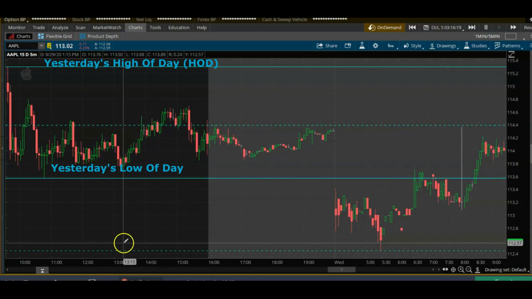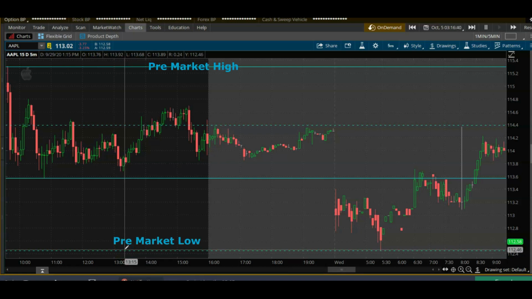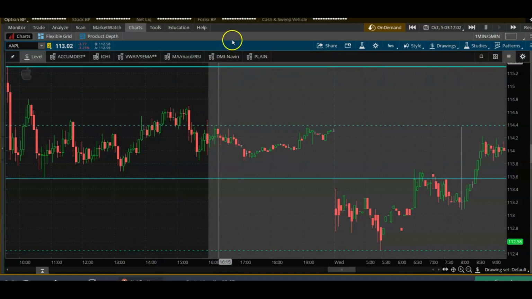And then we have the dotted lines indicating the high and low points of price action during the pre-market session. These lines will better inform me during my trading day as to where could be possible good entry and exit points.